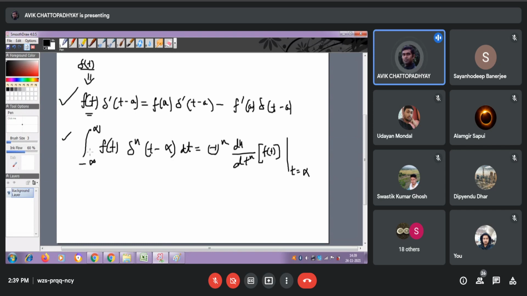So it is the shifting property of the higher order delta function.